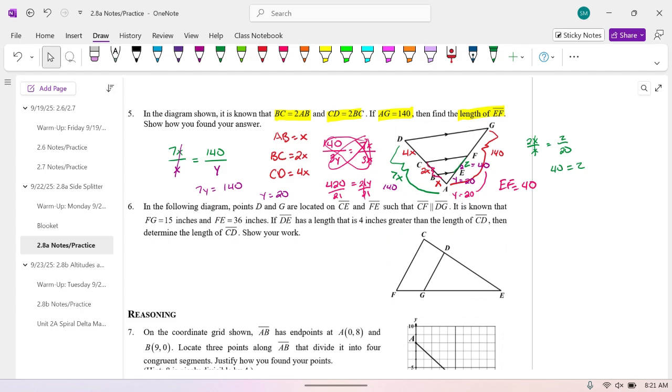So the x's cancel again. I'm left with 20 times 2, which is 40, and 1 times z, which is c. So EF would have to be equal to 40. We didn't really need to know what these side lengths were. All I had to do was use this information because if we put it in side splitter, the x's would have canceled out anyway.